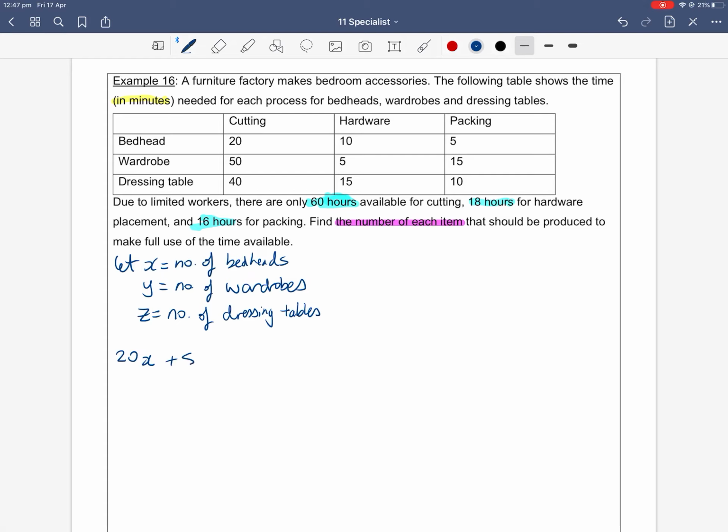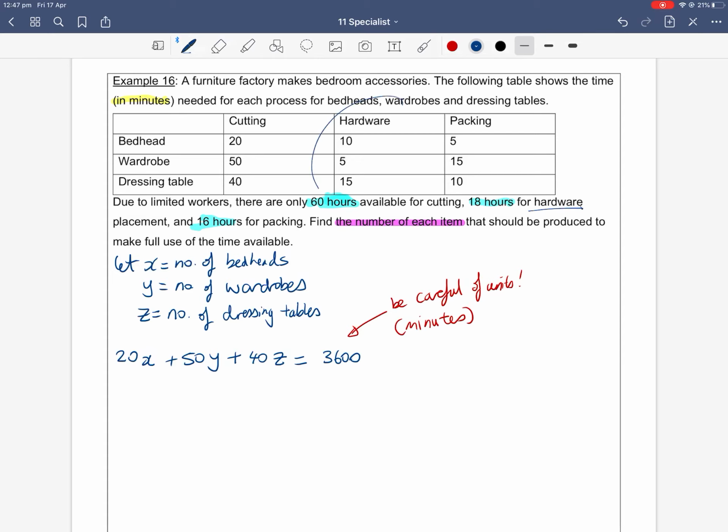So we can write 20x, because 20 minutes per bedhead, and 50y, because 50 minutes per wardrobe, and 40z, 40 minutes per dressing table, altogether should add up to 3,600 because we're looking at minutes, right? So be careful of units. We're going to convert everything to minutes.